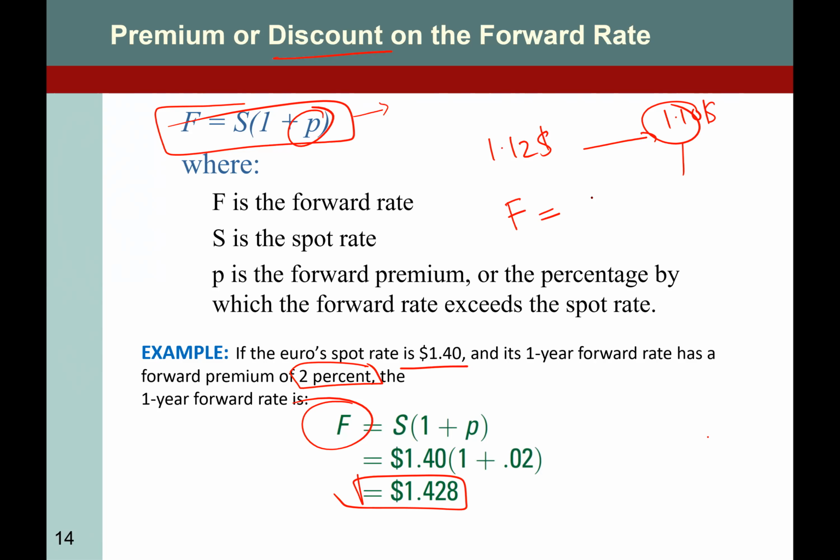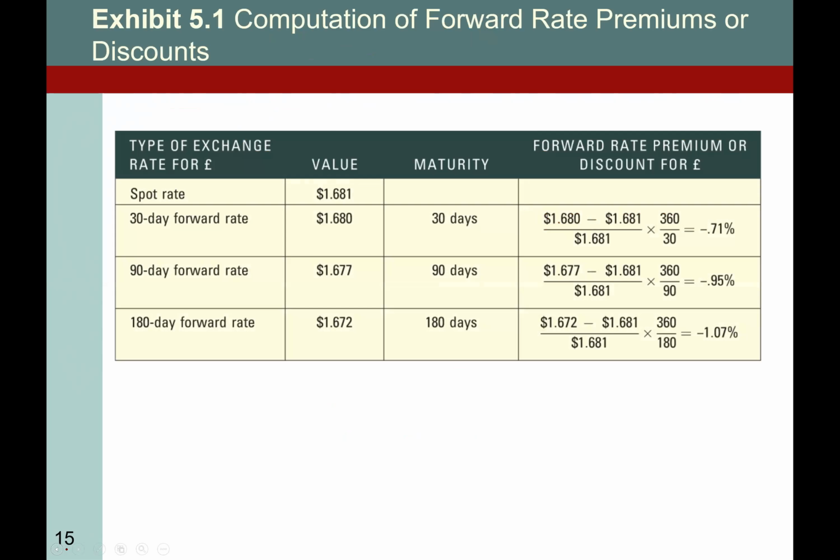Future value is equal to present value into 1 plus interest rate, right? So this is the formula we are applying here. Forward rate is equal to spot rate into 1 plus the premium, right? So if you understand this formula, understand this.